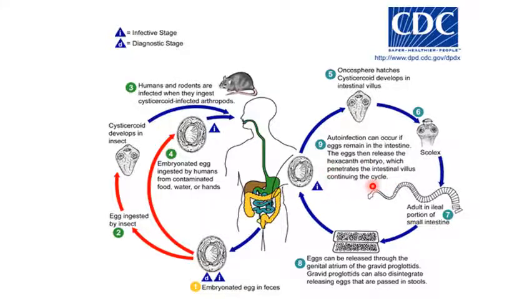Here, sometimes the egg is ingested by an insect, then the cysticercoid develops in the insect. A human and rodent are infected when they ingest cysticercoid-infected arthropods. This is the life cycle of Hymenolepis nana.